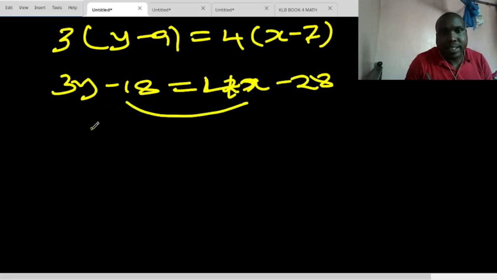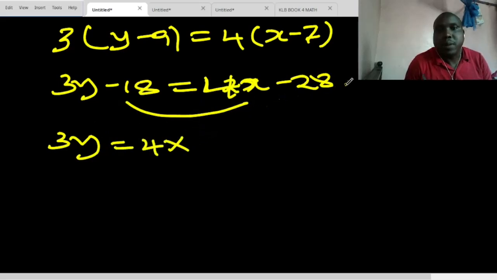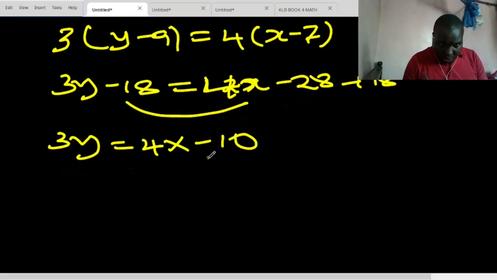Bring this to this side, so 3y is equal to 4x, and this one coming here will be plus 18. Negative 28 plus 18 gives negative 10. So that is the equation of that line.